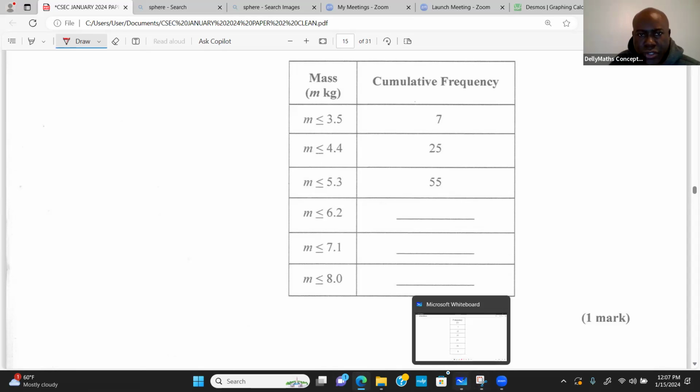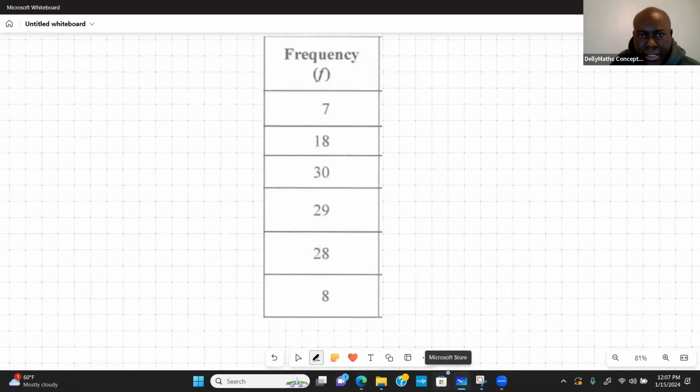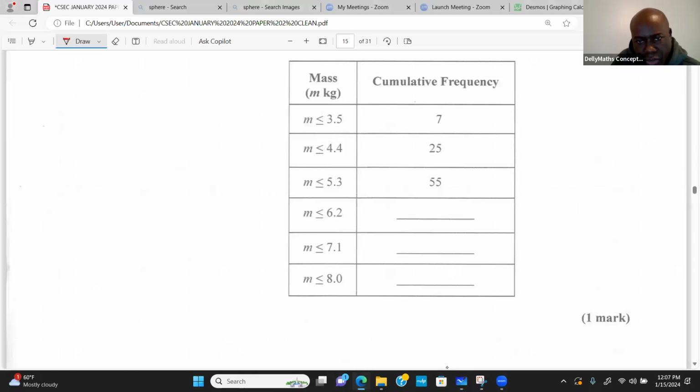If you add this plus this, that's your 25, and 25 plus 30, that's 55. Now we're going to add 29 to it. 29 plus 55, and we're getting 84 for this spot.